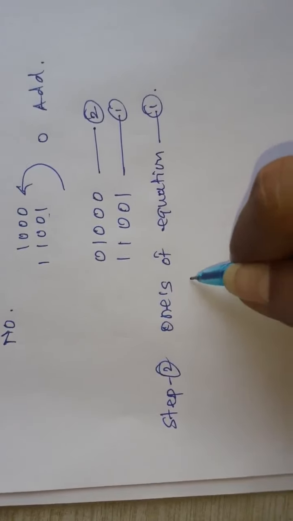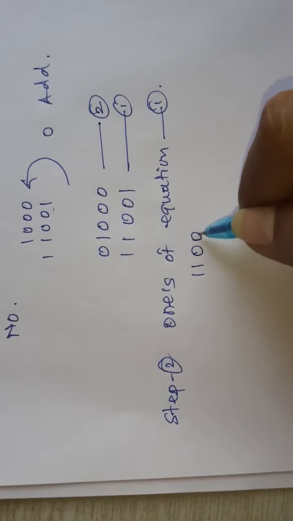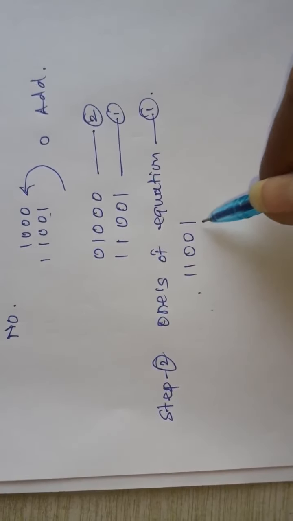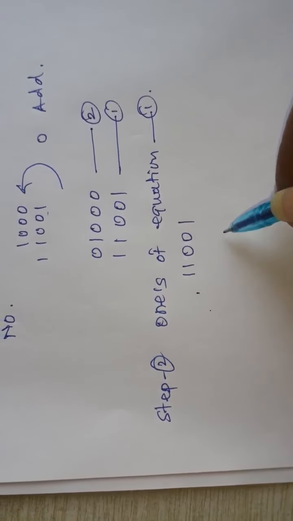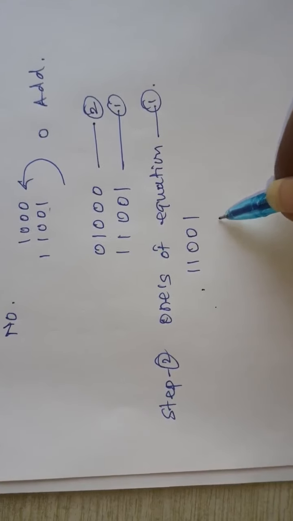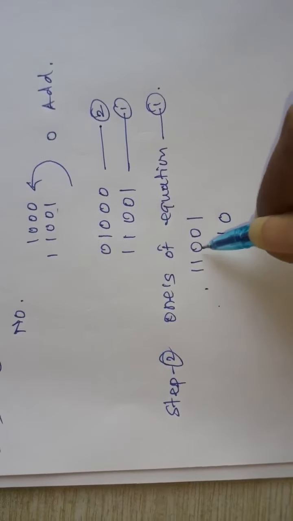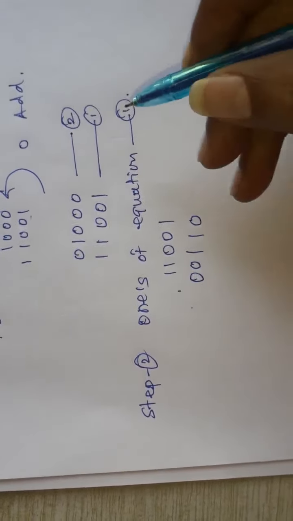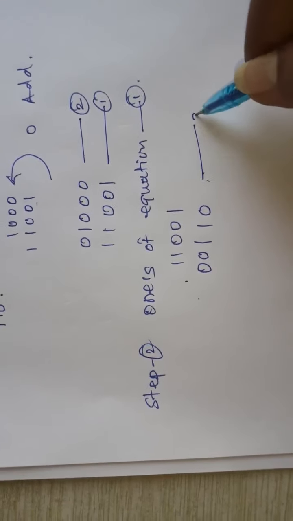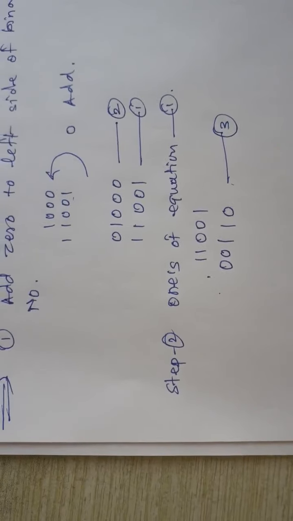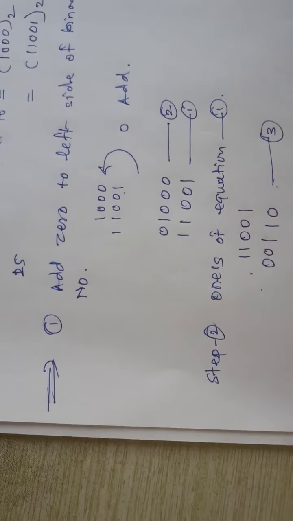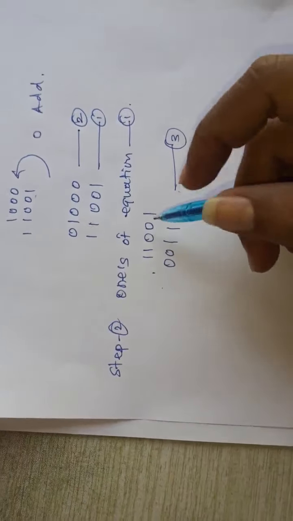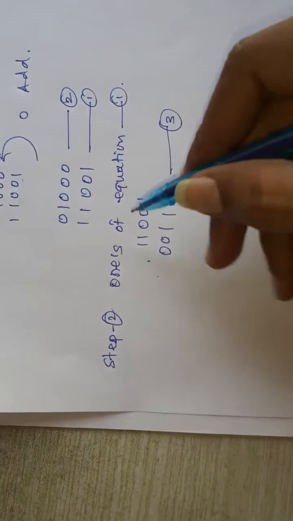What is equation 1? 11001. What is the 1's complement of this number? Just interchanging the 1s to 0 and 0s to 1: 1 to 0, 0 to 1, 0 to 1, 1 to 0, 1 to 0. So this is equation 3. This is equation 3, which means it is the 1's complement of equation 1.